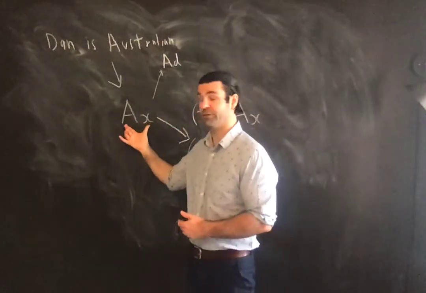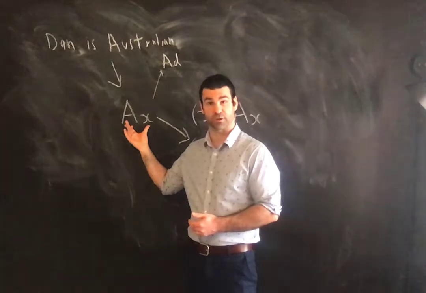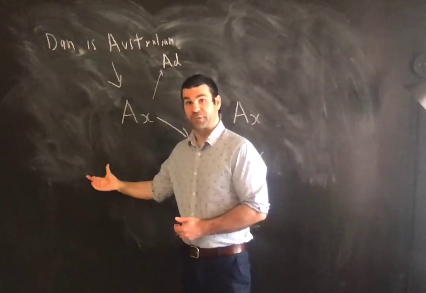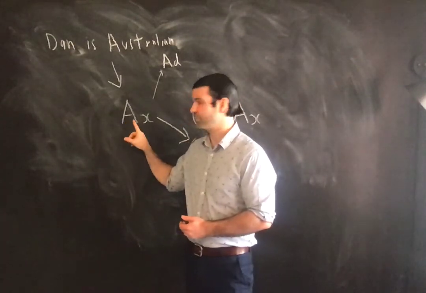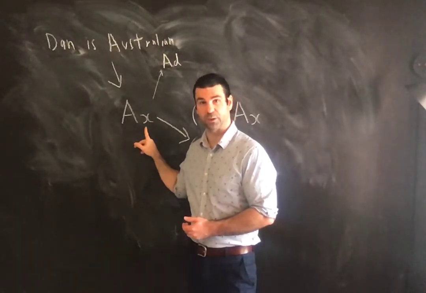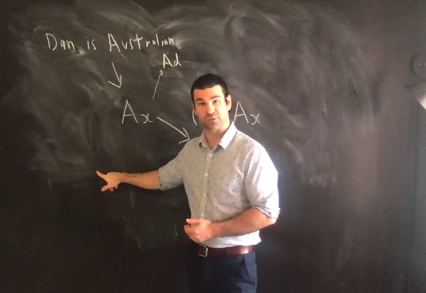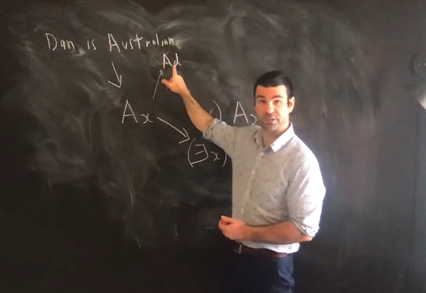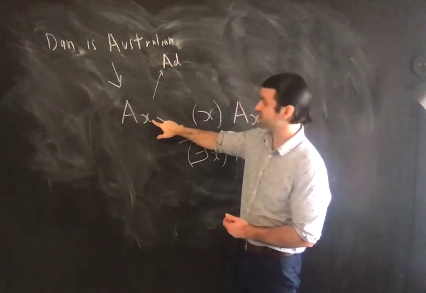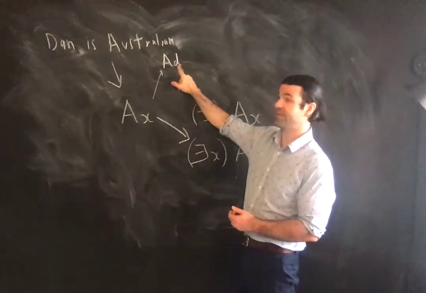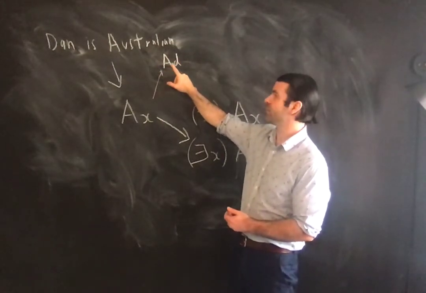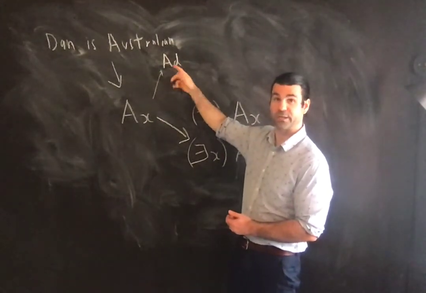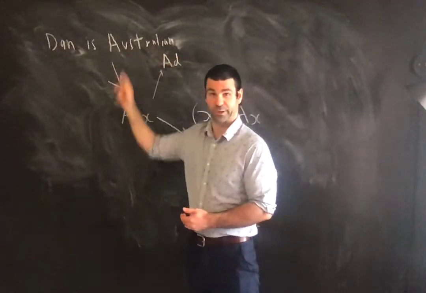So I can have as substitution instances of this propositional function uppercase A, lowercase b, means Barry is Australian, right? Or this is the symbolization of my original sentence, replacing the individual variable x with the individual constant d, uppercase A, lowercase d. That's my symbolization for Dan is Australian.